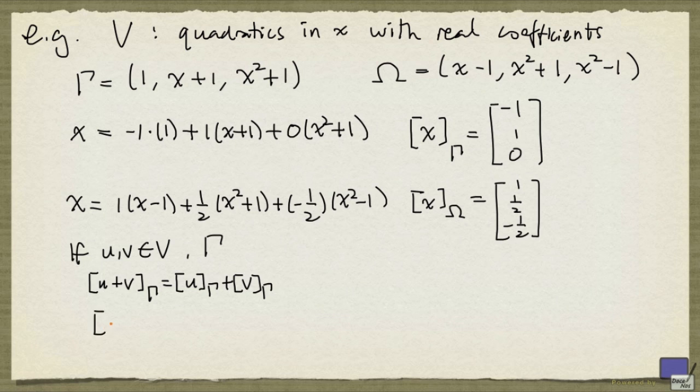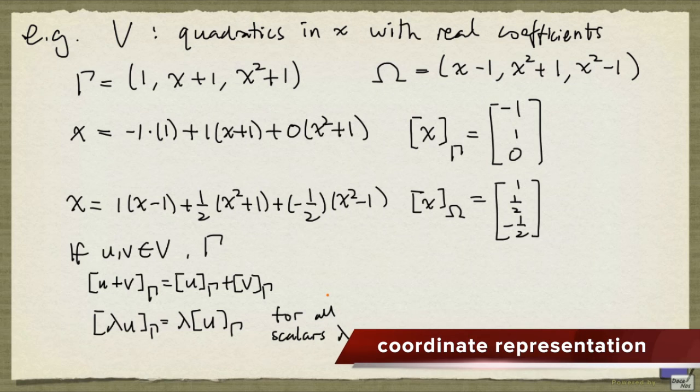And the tuple representation of lambda times u, where lambda is a scalar, is the same as lambda times the tuple representation of u. Finally, some books refer to the tuple representation as the coordinate representation.